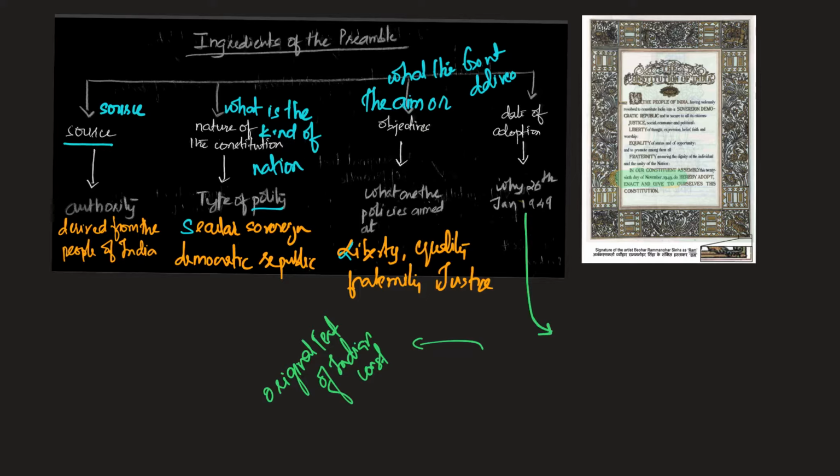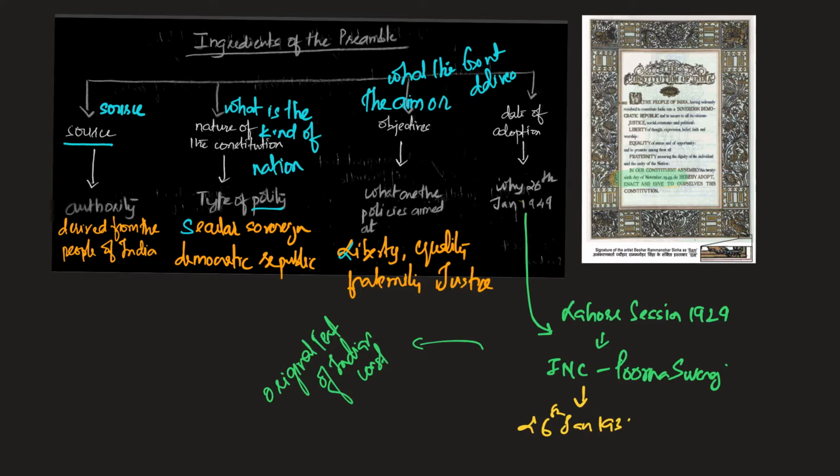in the historic Lahore session of 1929, all of you know, it was decided by the Indian National Congress that their motive now will be the attainment of nothing less than Purna Swaraj. And the result of this Congress meeting was that 26th January 1930 was decided to be the Independence Day, the first Independence Day of India ever celebrated.